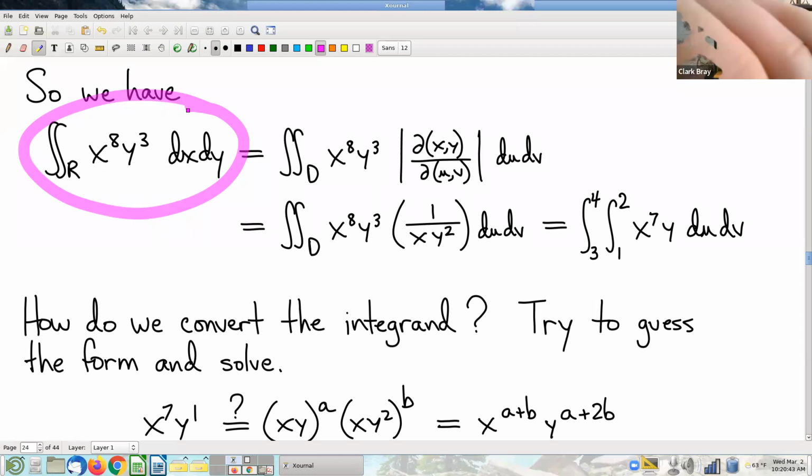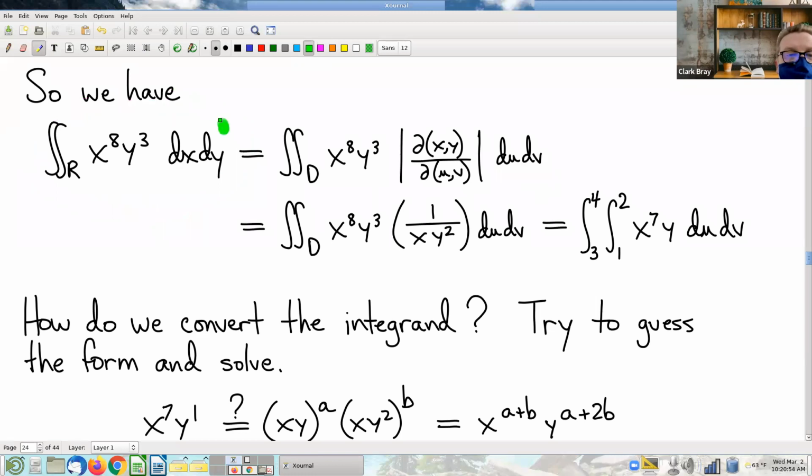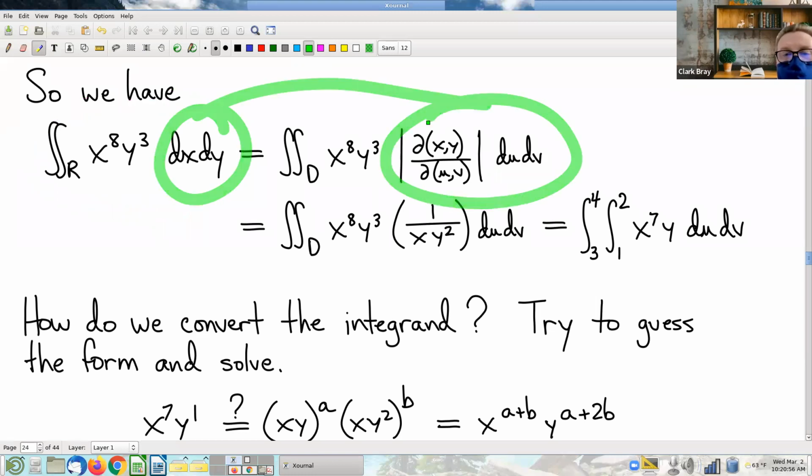I want to turn that into a du dv integral because I want to be in the uv plane instead of the xy plane. I'm doing a change of variables after all, right? So apparently I'm going to need to rewrite dx dy as something times du dv. And what is the thing that I will need to turn dx dy into du dv?